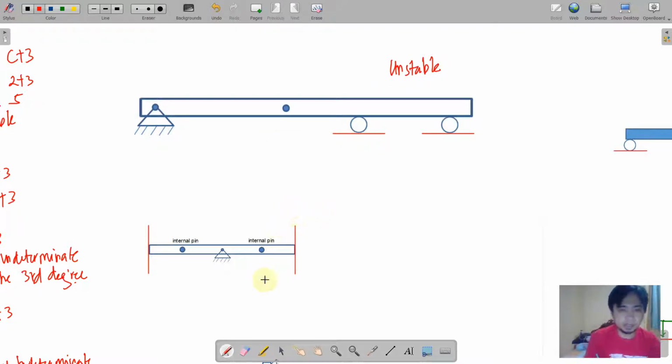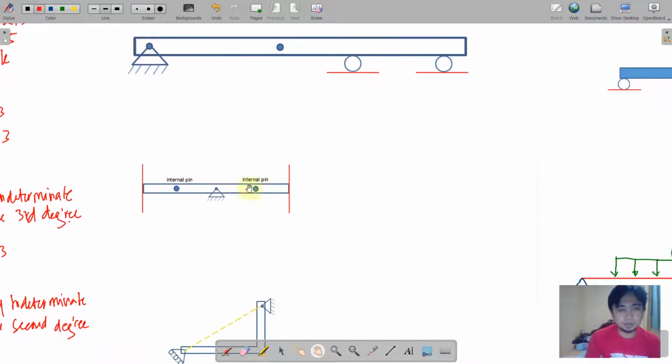So next problem, we have a fix on both ends and an internal pin here. Although it is free to move, again it will be restrained at both ends. So we cannot say that this is unstable. We need to count the number of reactions and then apply the criteria. For the fixed end, we have 1, 2, and 3.